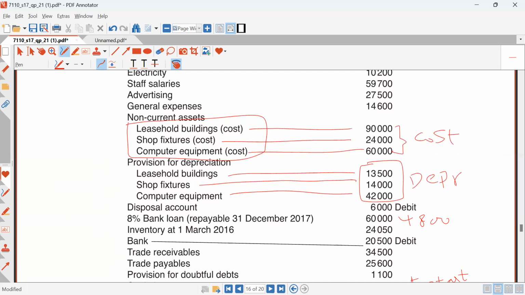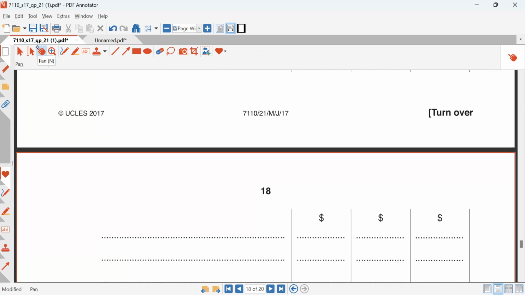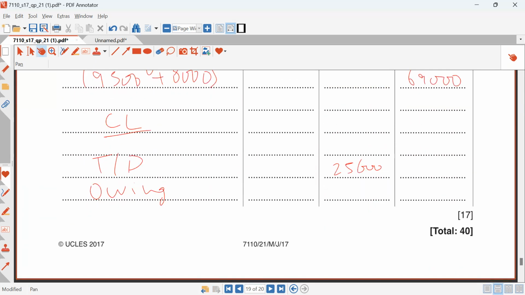The owner hasn't paid any interest on the loan. So that's owing. 4,800 bank loan interest owing plus 5,000 expense owing. Total owing expenses are going to be 9,800.